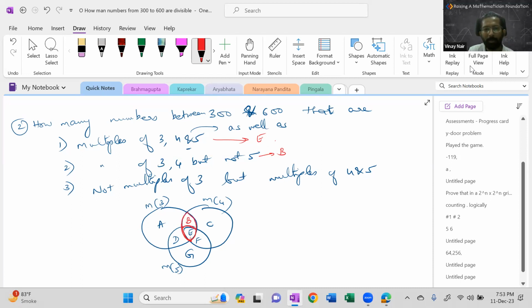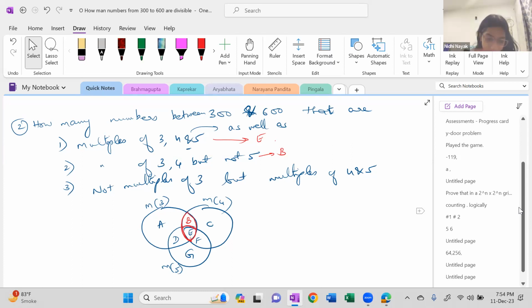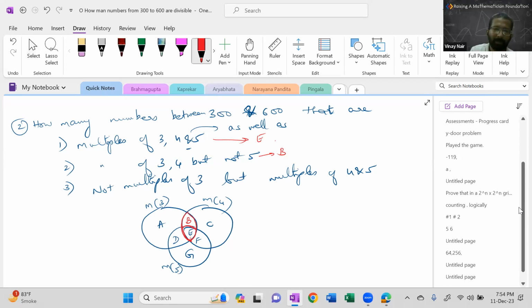Next one, not multiples of 3, but multiples of 4 and 5. Let me ask somebody to explain. Nidhi, what do you think? Which area are we talking about, Nidhi? F. Excellent.